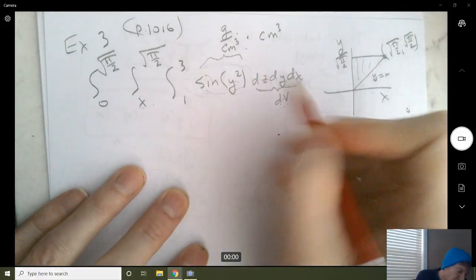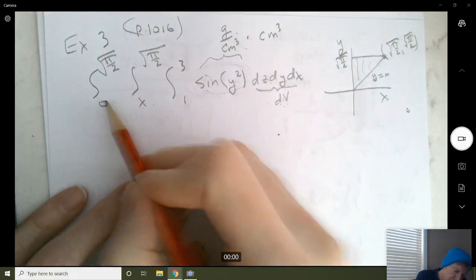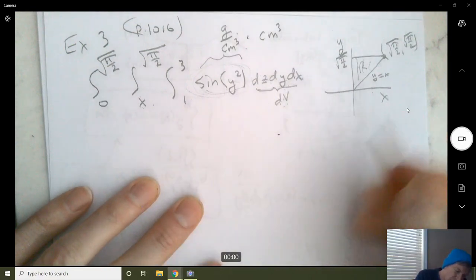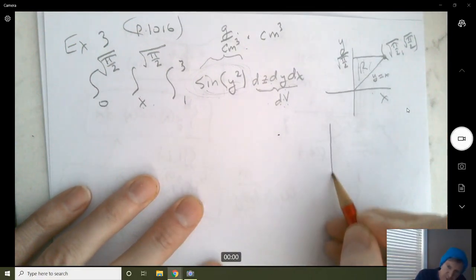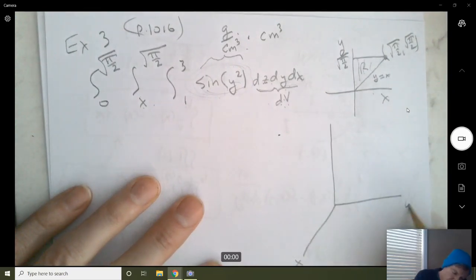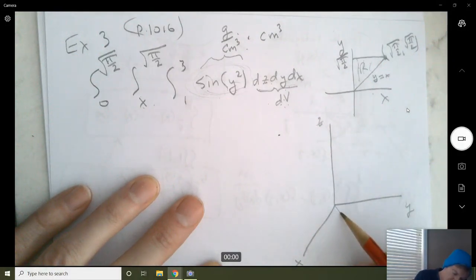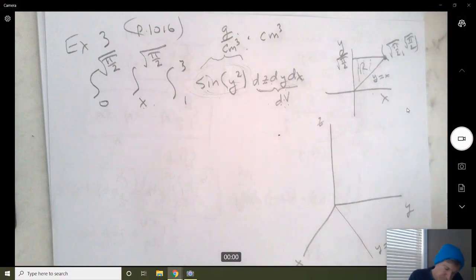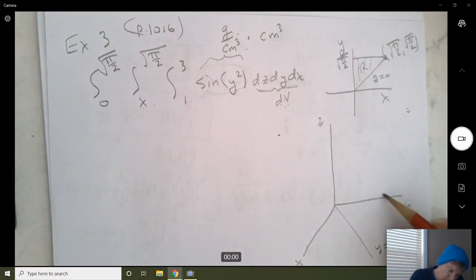Now we know x goes from 0 to root pi over 2, so that gives us this region. We'll call that R. Now z goes from 1 to 3. So if we draw this in x, y, and z, this is going to be y equals x, and we'll draw y equals root pi over 2, so let's say we've got here root pi over 2.